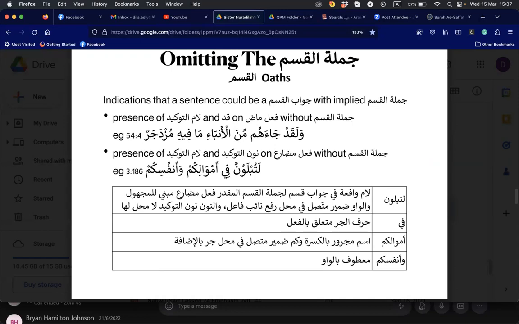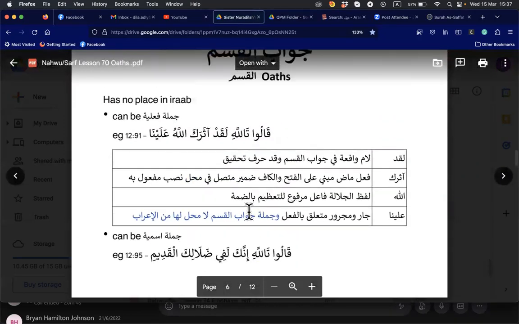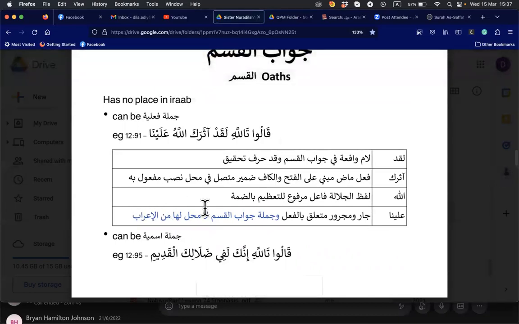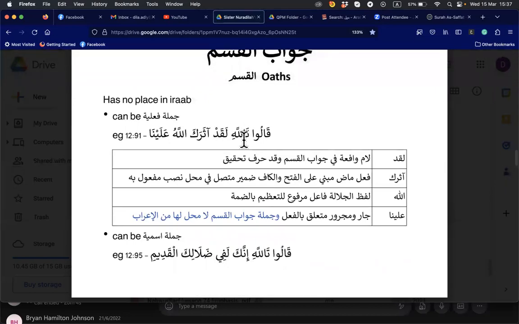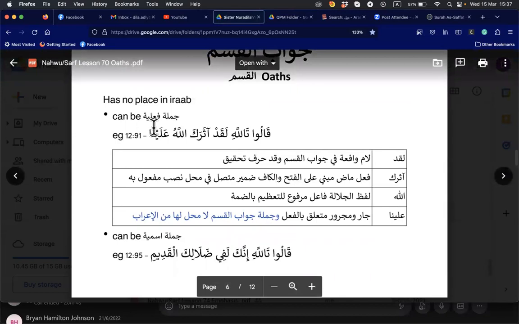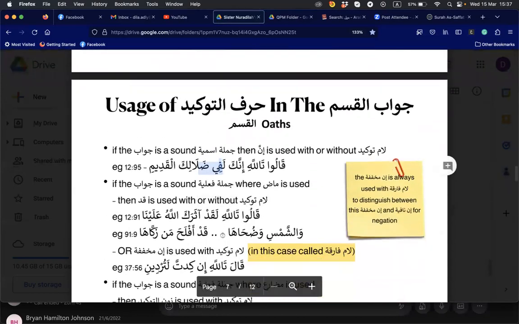That means we don't have to say that it's fi mahalli. The jawab qasam that we said just now is always la mahalla laha min al-i'rab, it has no place in irab, because the qasam doesn't affect it. It's not like shart. When we say the shart is jazam, it affects the jawabul shart also. When we say it is ghairu jazam, it doesn't affect that one either. Okay? Alhamdulillah. Good question.